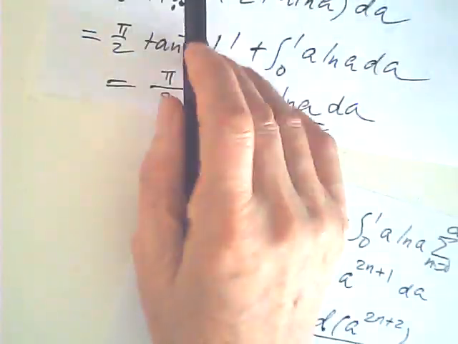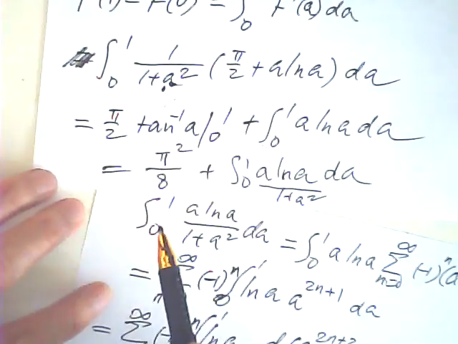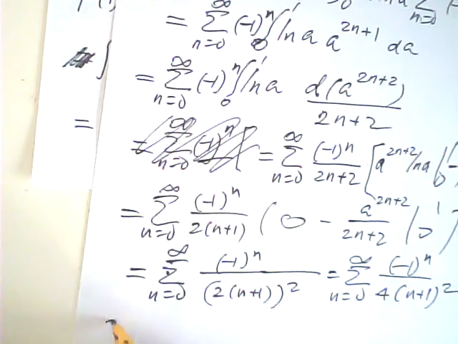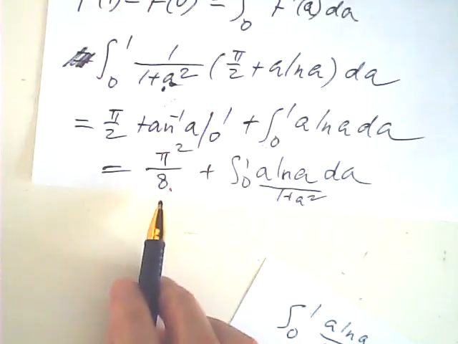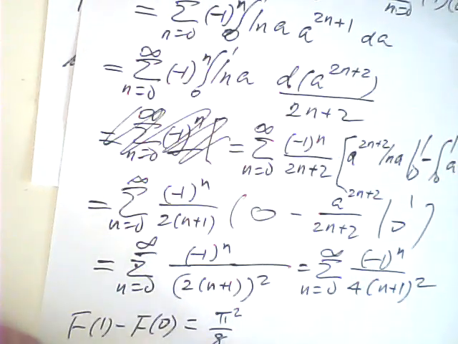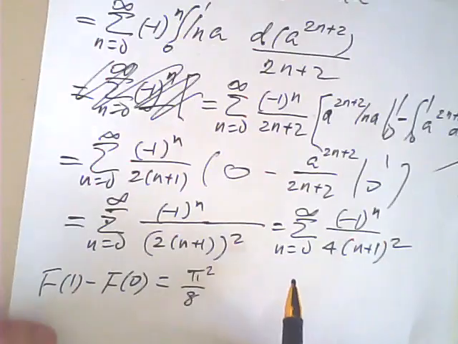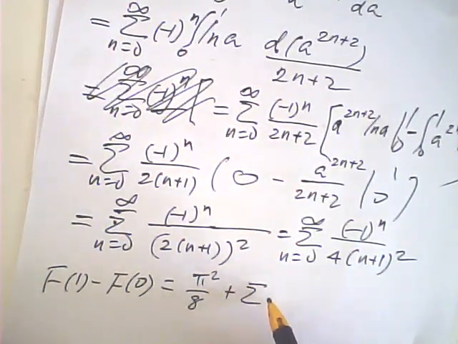let me organize again. We are working this one, right? So we added this one and this one. So f of 1 minus f of 0 is equal to now pi squared over 8, right? Plus whatever we have done here.